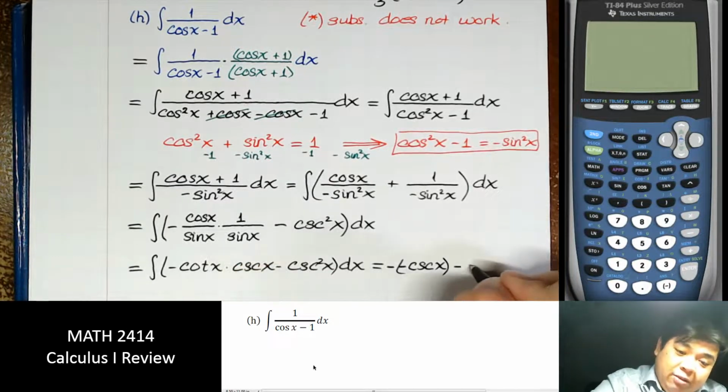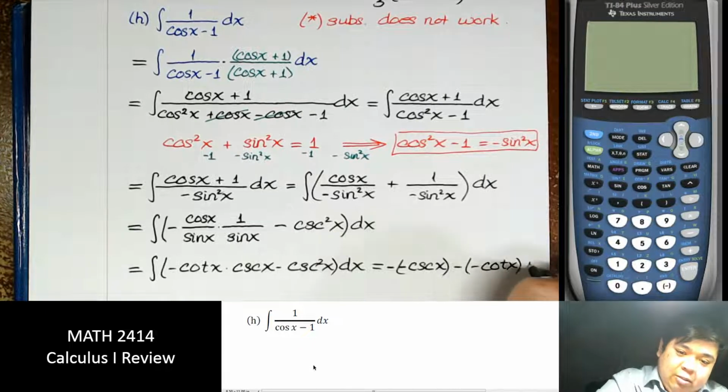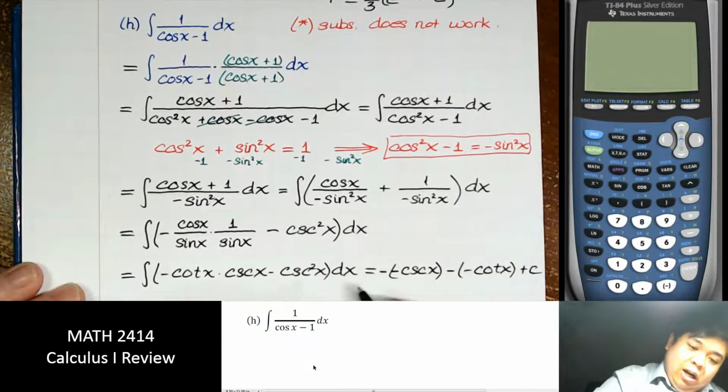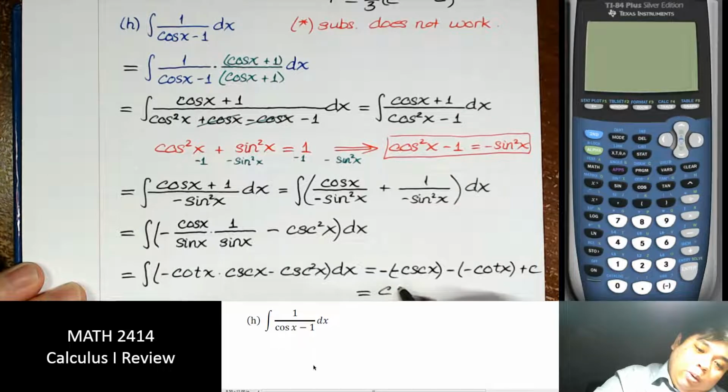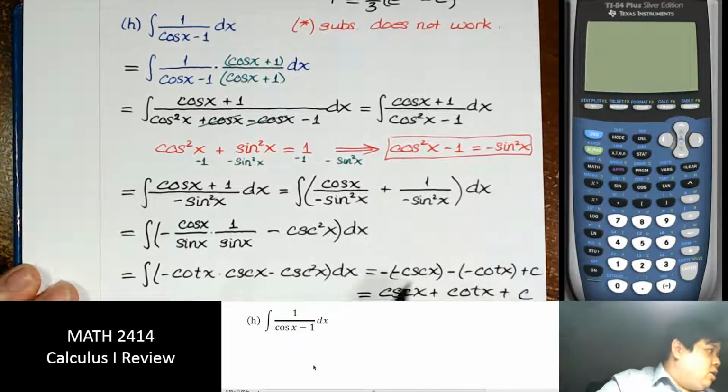Or we just have negative cotangent of x plus c. So that will be negative cosecant x minus cotangent x plus c.